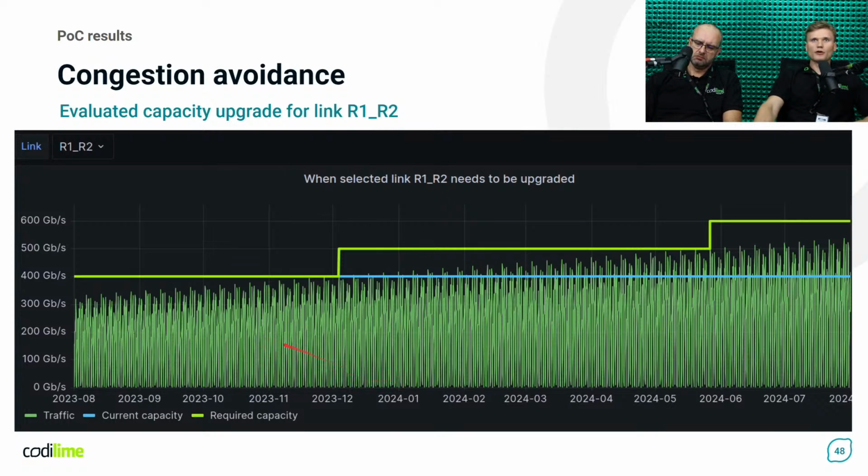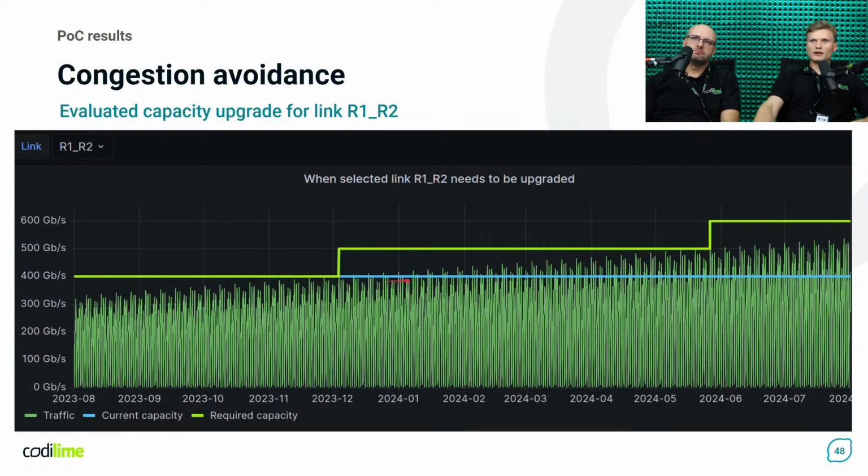This plot represents the link between router R1 and R2, and we perform such analysis for every link in our network. And the green traffic represents the worst case scenario, the maximal load on this link, taking into account different failure scenarios.